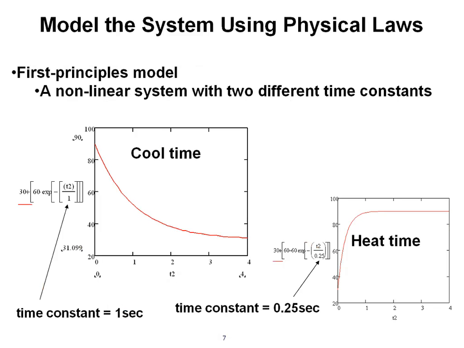The cool time on the left is an exponentially falling function from 90 degrees to 30 degrees with a particular time constant. And then when the resistive heating was turned on, a much shorter time constant, but exponential as well, for the time to go from 30 degrees to 90 degrees C. So here was a little bit of the math based upon a first order differential equation based on thermodynamics and heat transfer.